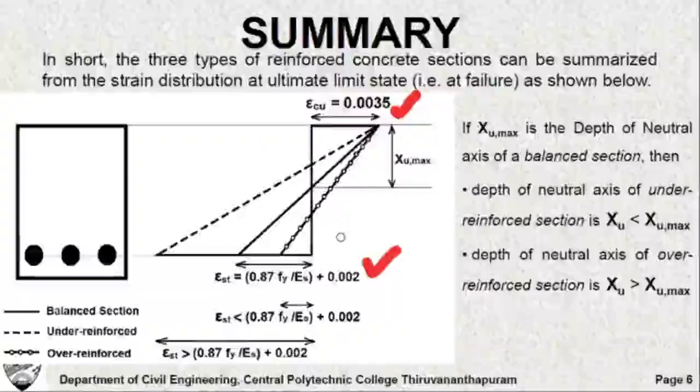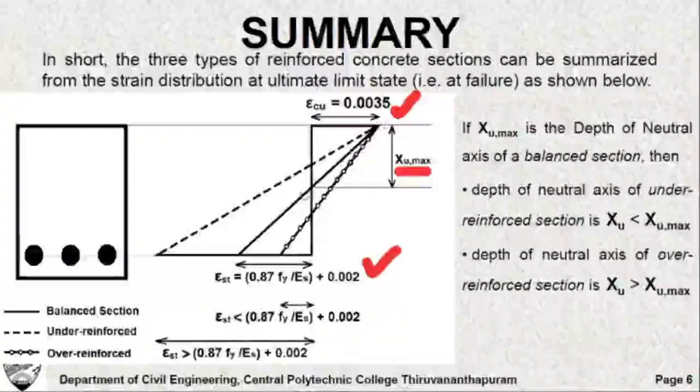Now let us call the depth of neutral axis the distance from the extreme compression fiber to the neutral axis. The neutral axis is somewhere here, where the strain distribution changes from compressive strain to tensile strain, and we call the depth of neutral axis equal to XU max in case of balanced section.